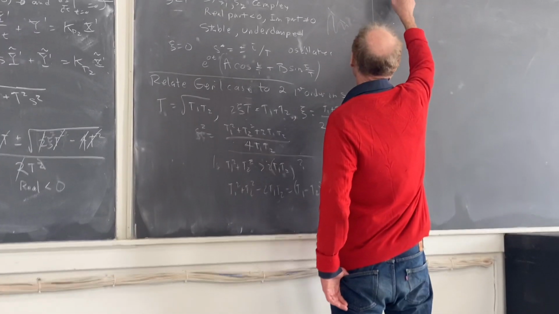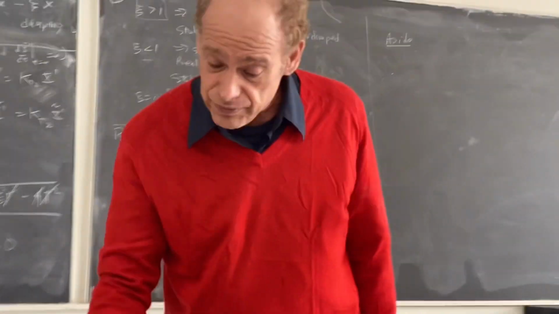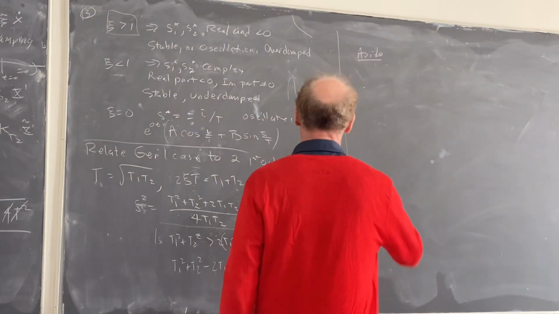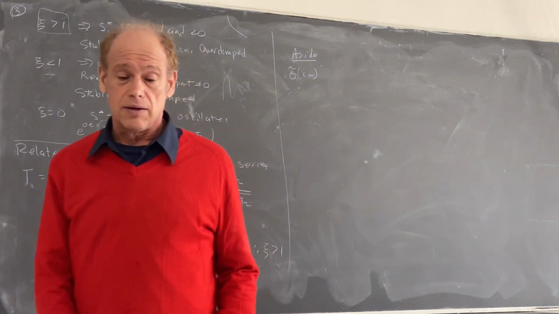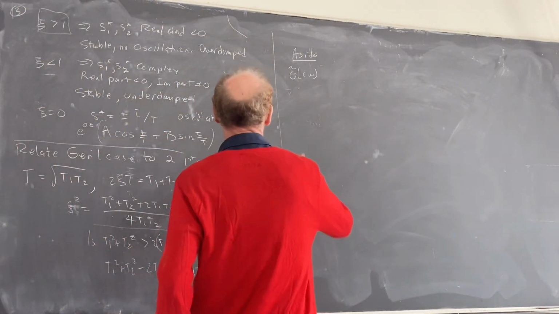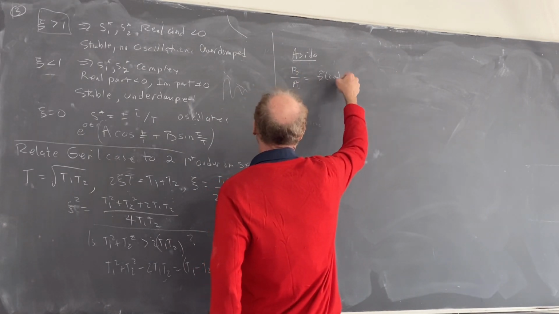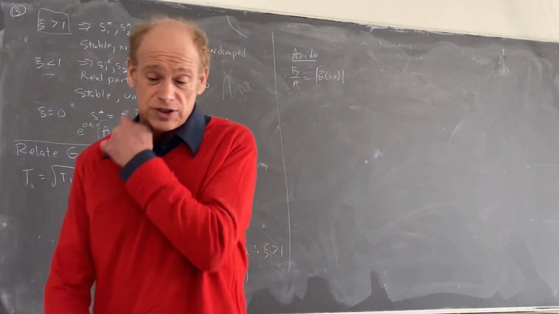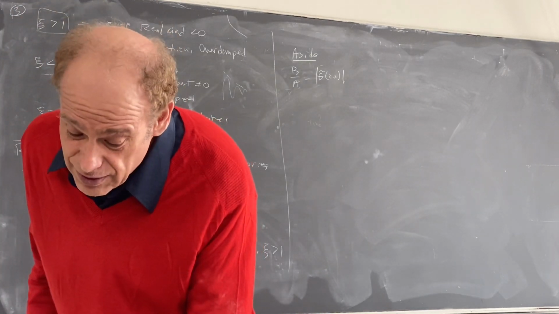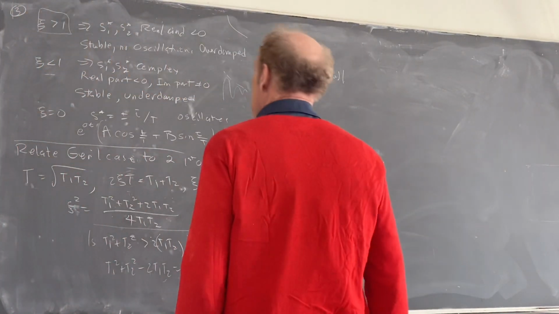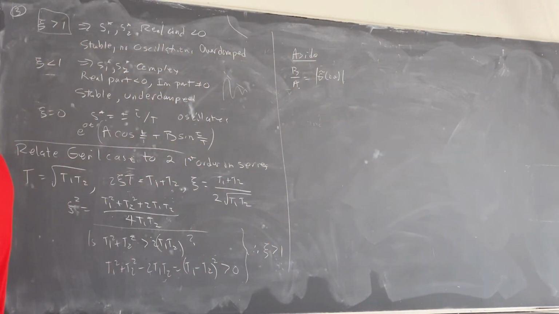So this is an aside. I'd like to calculate the G tilde of I omega for a second order system, which is B over A. And which system do I want to do this for? I would like to do this for a general second order system. Okay, so let's have my general second order system. Actually, it's not even an aside.